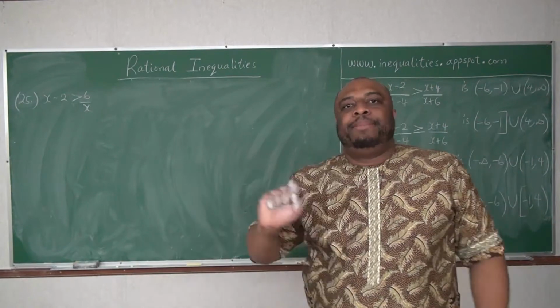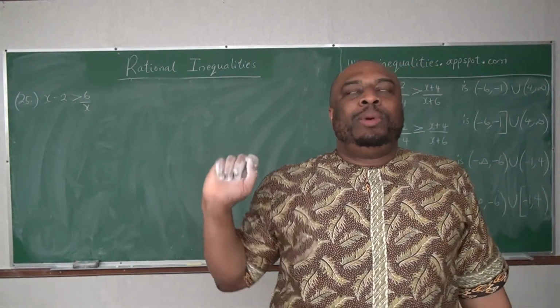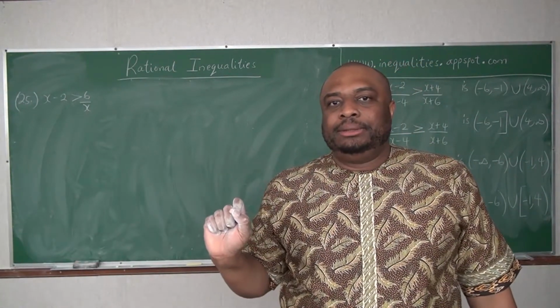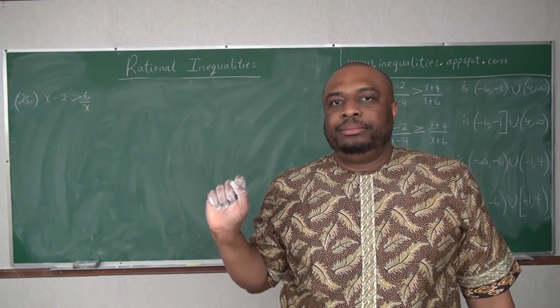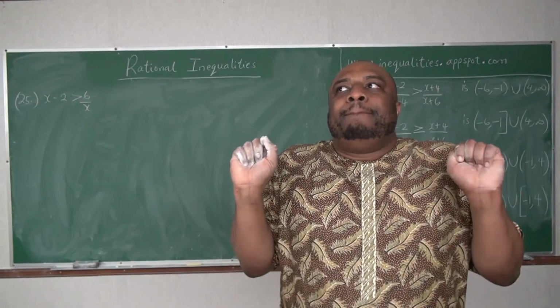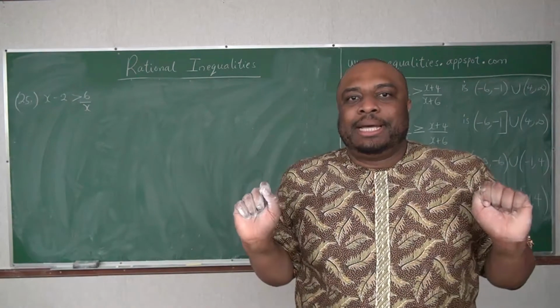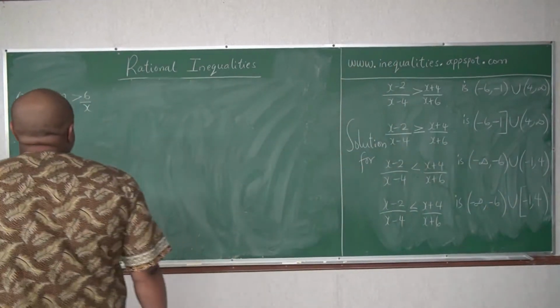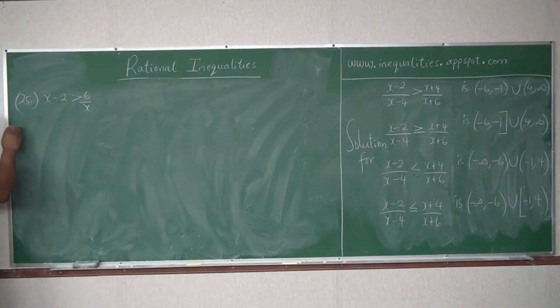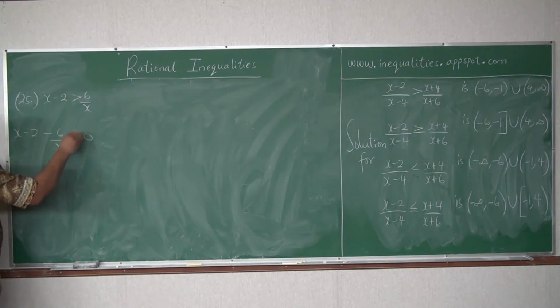So first step, do we have 0 on the right hand side? No. 0 should be by itself on the right hand side, so we have to do that. We have x minus 2 minus 6 over x greater than 0.